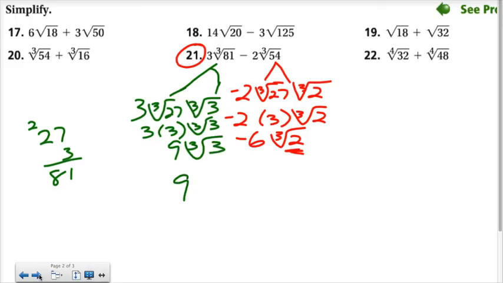So our answer to this is 9 cube roots of 3 minus 6 cube roots of 2. There is nothing else we can do with that. You cannot do the subtraction unless you have like radicals, and those are not like radicals. So we break those apart and check to see if we can actually do the addition and subtraction.